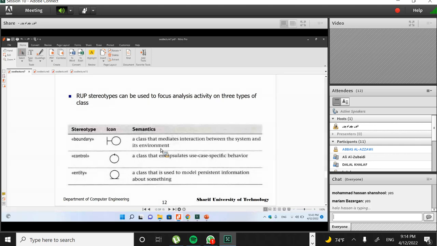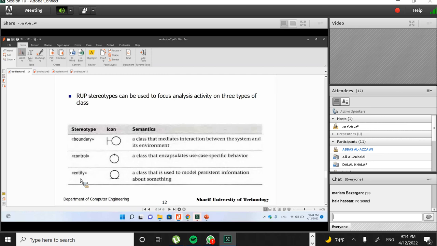Different classes encapsulate specific services of the system. Classes doing the main operations of the system are control classes, and some classes are defined as entity classes.